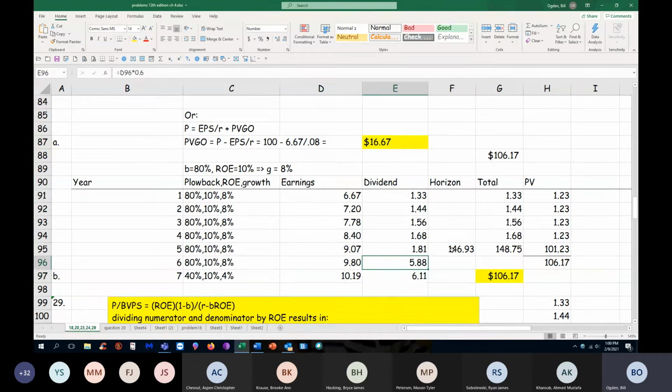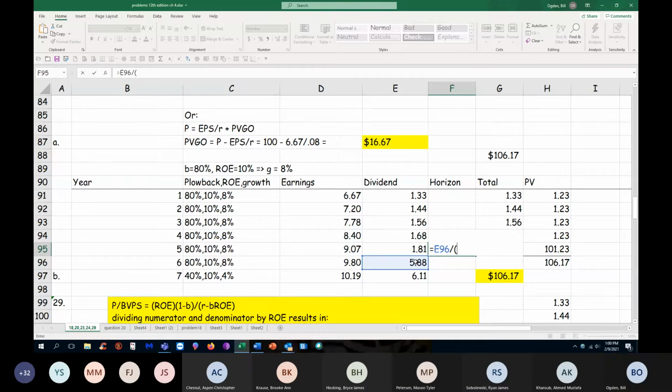I go back 1 year, set my horizon value. And how do I get this? Let's do this one again. It equals the next dividend divided by, and what will our rates be? We're using a cost of capital of, sorry, my fault, of 8% minus the growth rate from year 6, 7 to infinity, which is 4%.